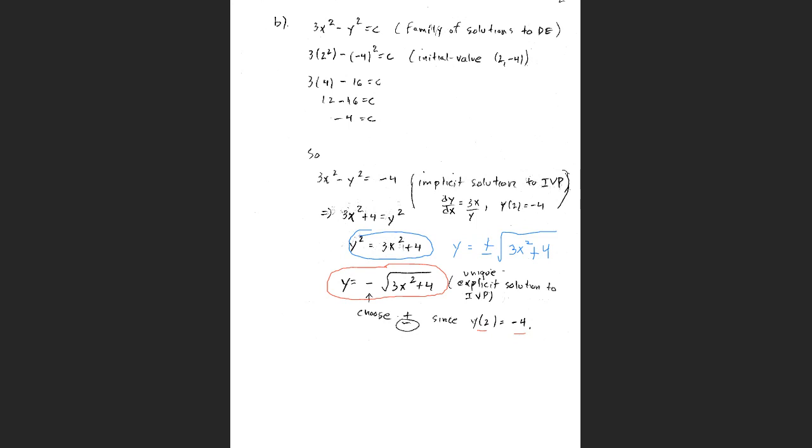Think about it. Put x equals 2 in your solution. You're going to get the square root of 3 times 2 squared plus 4, which is the square root of 16, which is 4. But when x equals 2, y is negative. And so that's why you pick the negative.